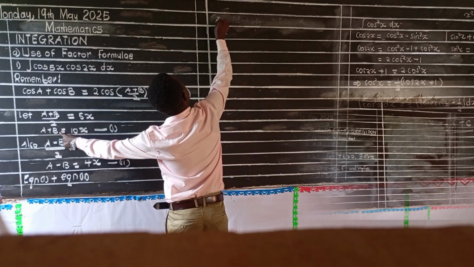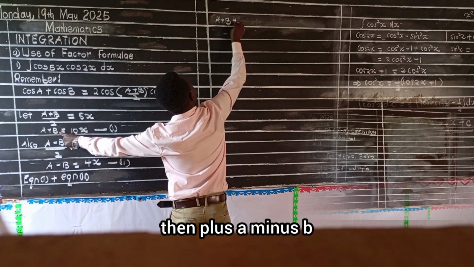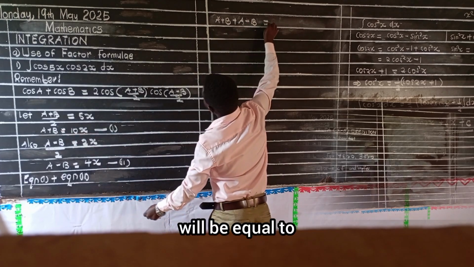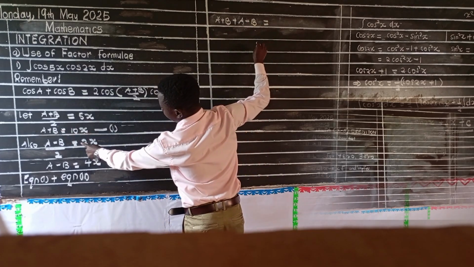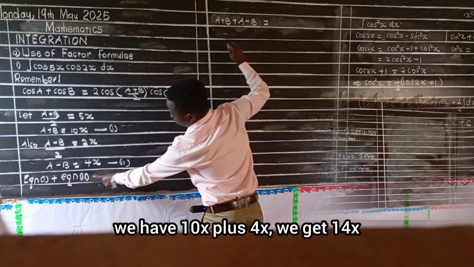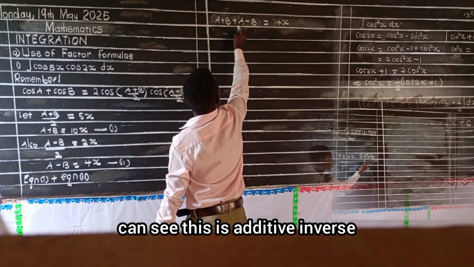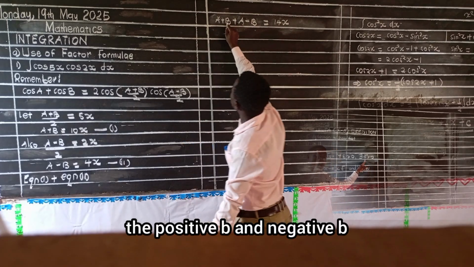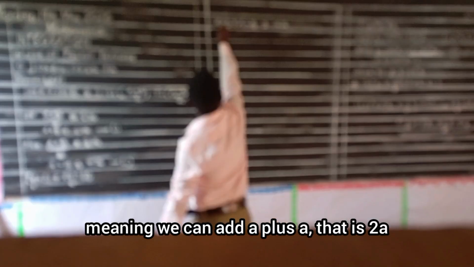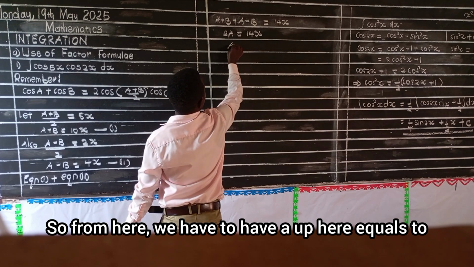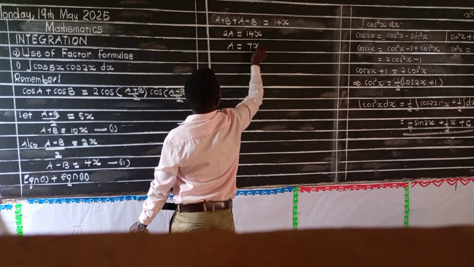It is A plus B, then plus A minus B, which is equation 2, will be equal to 10x plus 4x, we get 14x. So we can see this is the additive inverse, the positive B and negative B, meaning we can have A plus A, that is 2A equals 14x. So from here we shall have A actually equals 7x.